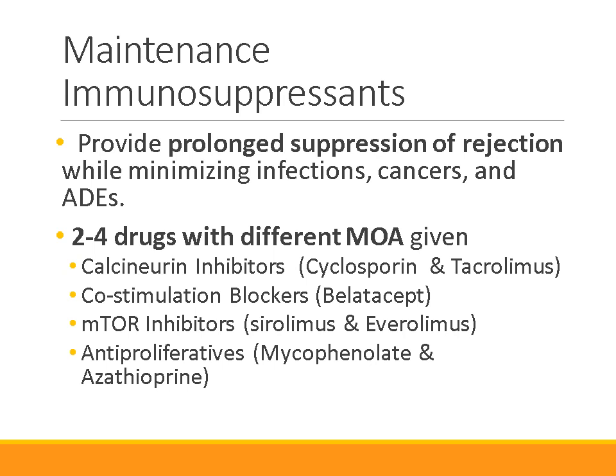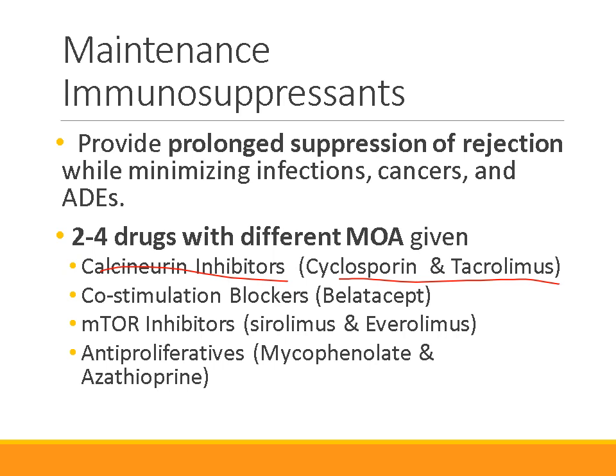When doing maintenance immunosuppression, again, we typically will give multiple drugs, 2 to 4 drugs that each have a different mechanism of action. And the benefit of giving multiple drugs is that we can give them at a lower dose to minimize toxicities. Drugs that we use include calcineurin inhibitors, cyclosporin, and tacrolimus.